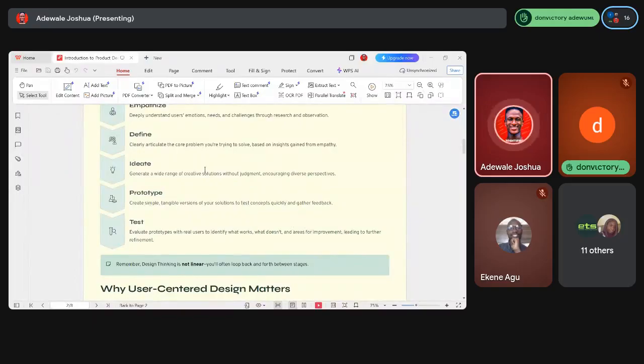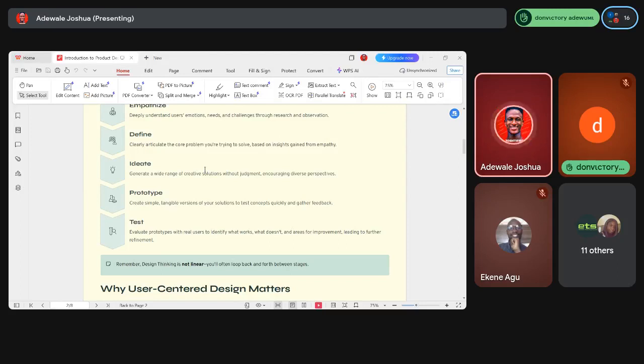Any idea is welcome, be it foolish or good, all can be refined to serve a particular purpose. Then the prototype: create simple, tangible versions of your solution to test concepts quickly and gather feedback.